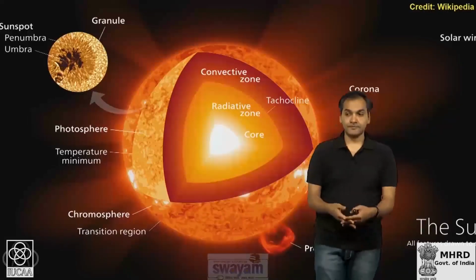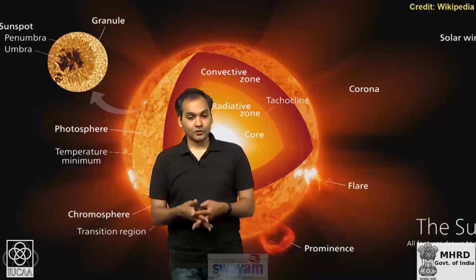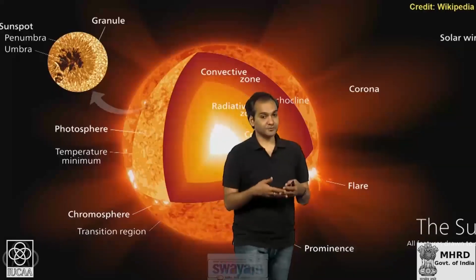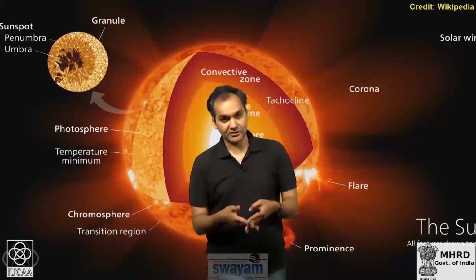In addition, we will also look into the role magnetic field may play in the eruptions, such as flares and coronal mass ejections, taking place in the upper layers of the atmosphere.